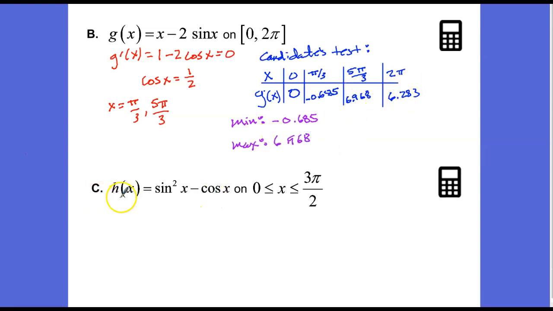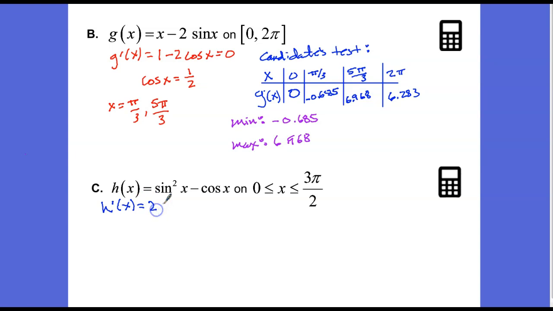In part C, we have h of x equals sine squared x minus cosine x on the closed interval from 0 to 3 pi over 2. Start by finding the derivative of h of x. So we have h prime x is equal to, now notice here we have sine raised to a power. We're going to use the chain rule, and so we begin with the derivative of the exponent.